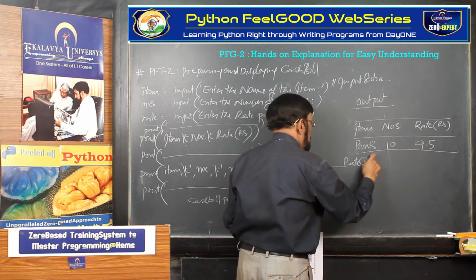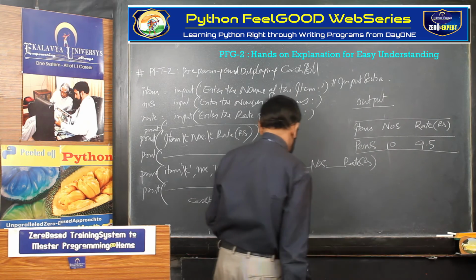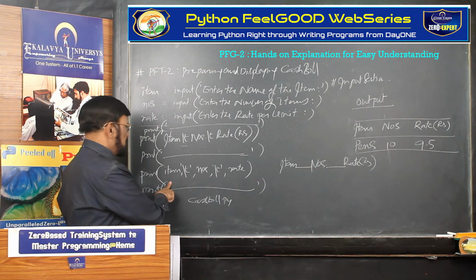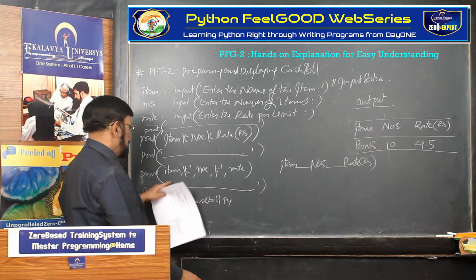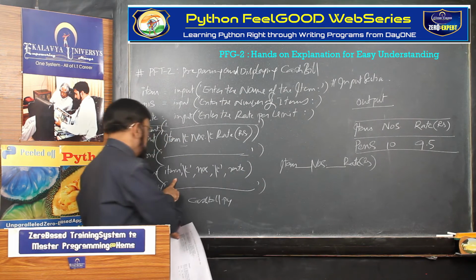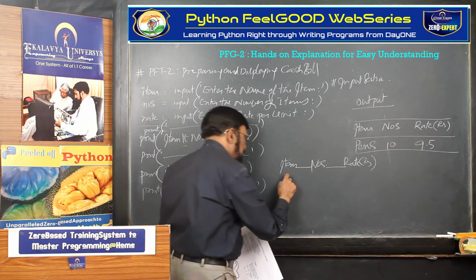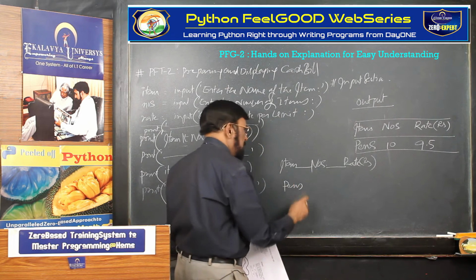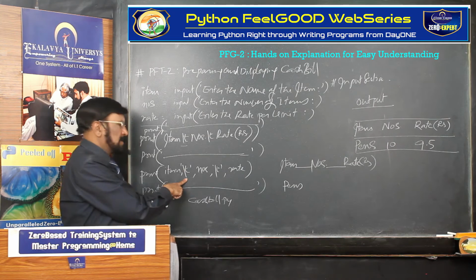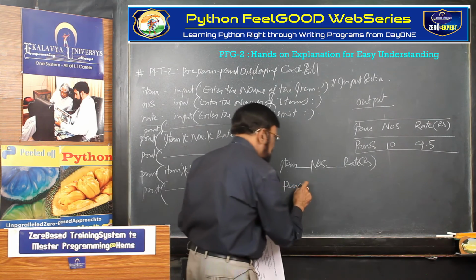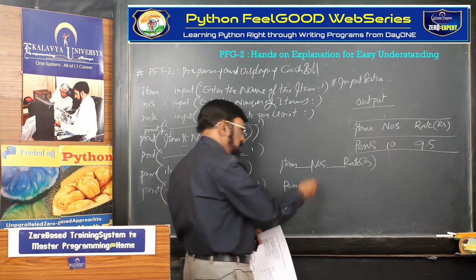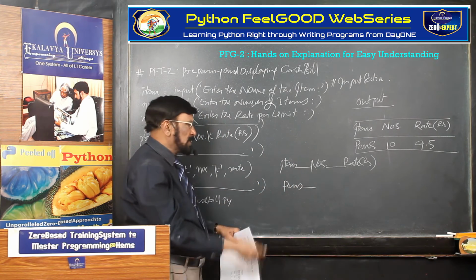Rate, rupees are printed. Now, as far as items, what are the items? Pens. So pens are written. Thereafter, horizontal tab is there. It moves the cursor to the next tab position. So automatically those are aligned.